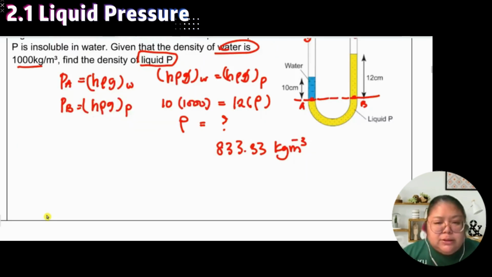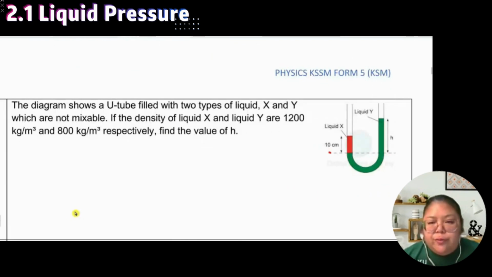Okay, we see the question. Okay, they already draw for you two liquids. Okay, one is liquid X, one is liquid Y, which are not mixable. If the density for X and Y are, okay, they give you Y as 800. Now they want you to find H. So it's still the same level, same pressure.